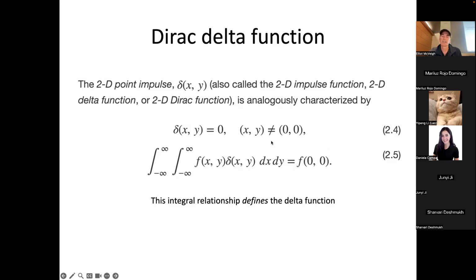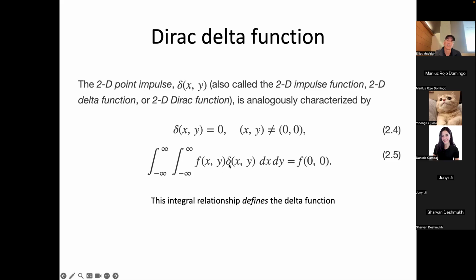If you want to look at the formal definition of what a delta function is, it's the function such that, okay, I have an image which is f(x,y). It's a picture of anything just sitting there.